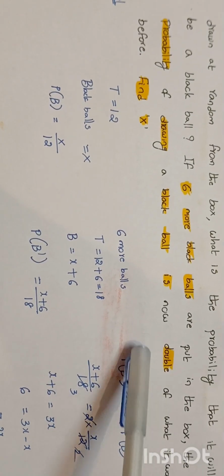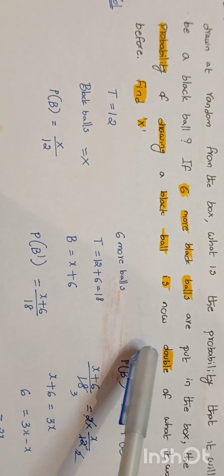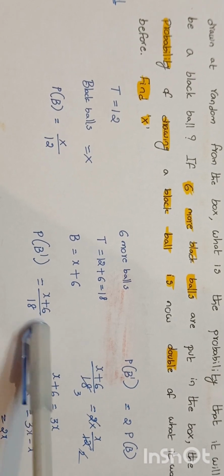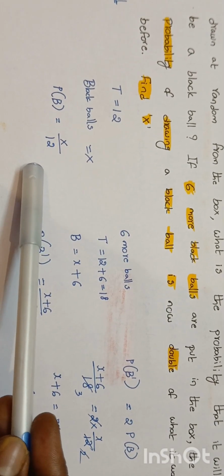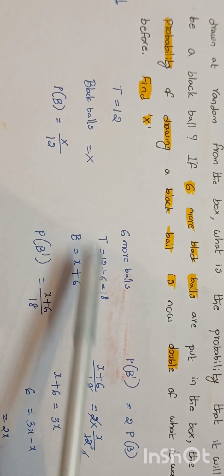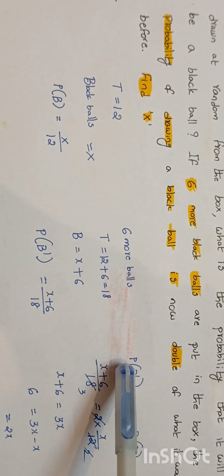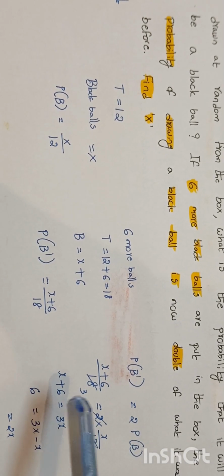Now in the question they gave that the probability of drawing a black ball is now double of what it was before. We will write PB dash is equal to 2 multiplied by PB. PB dash is X plus 6 divided by 18 and PB is X by 12.